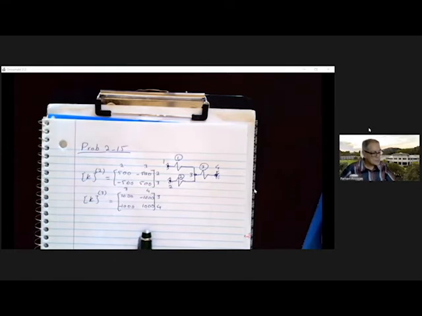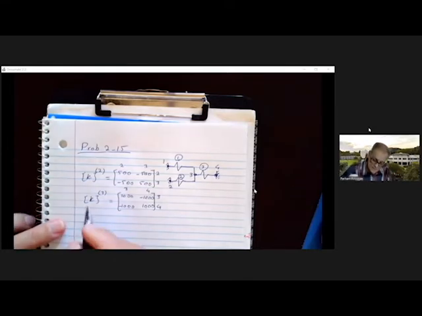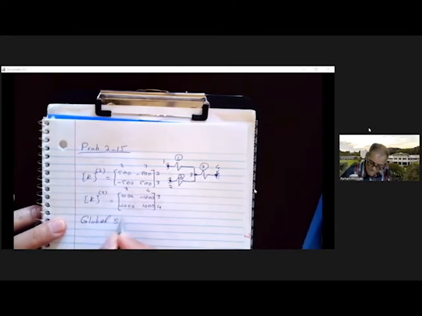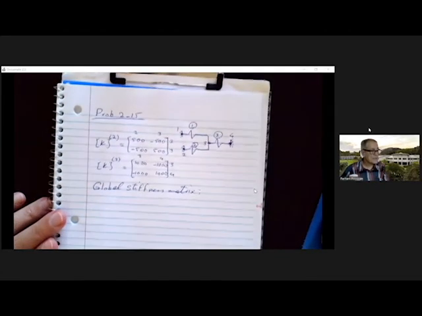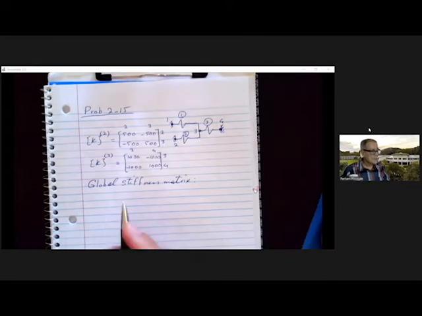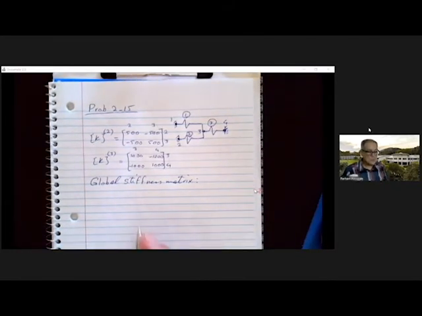Next step is to create the global stiffness matrix. First of all, these programs need to initialize. We need to know the size of this global stiffness matrix.